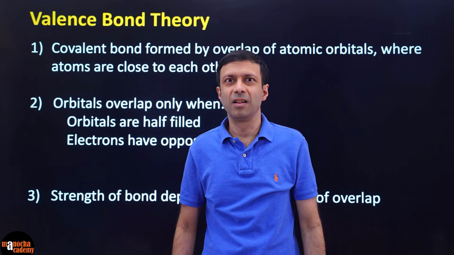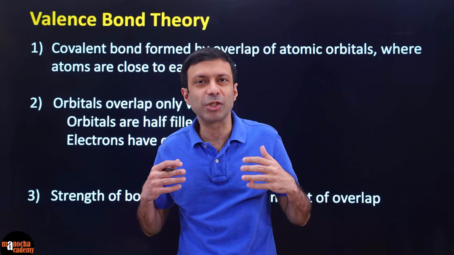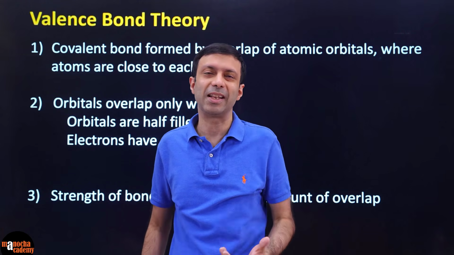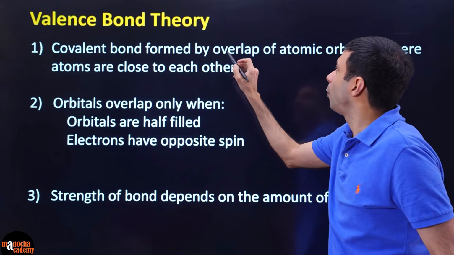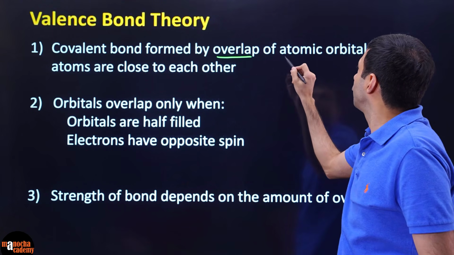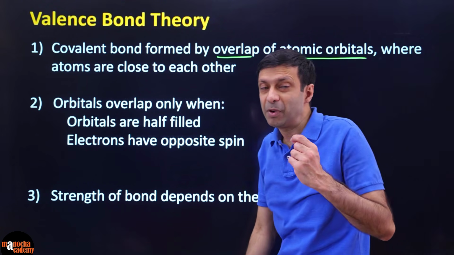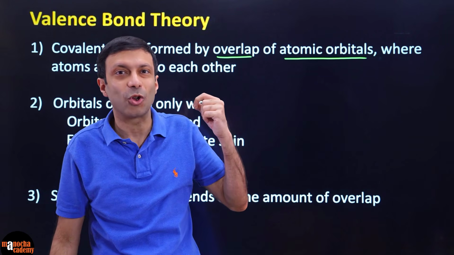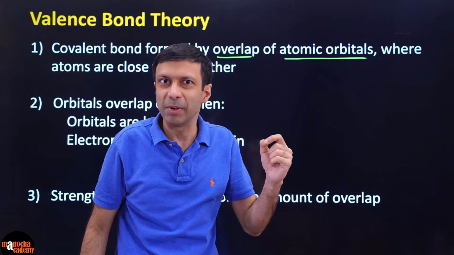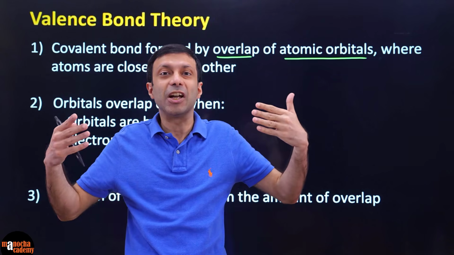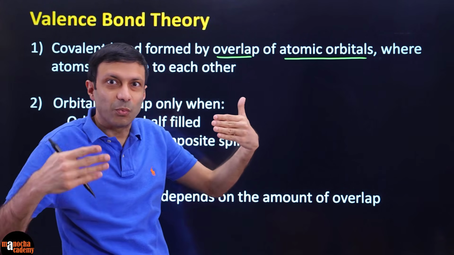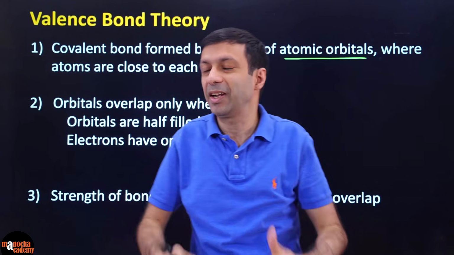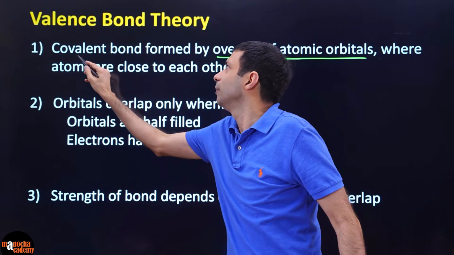Now let's discuss the important points of the valence bond theory. What does this theory tell us? The first important point is that covalent bonds are formed by overlap of atomic orbitals. Remember, we said electrons live in these atomic orbitals where the probability of finding the electron is maximum. And so when there is an overlap of these atomic orbitals, that is when the covalent bonds are formed.